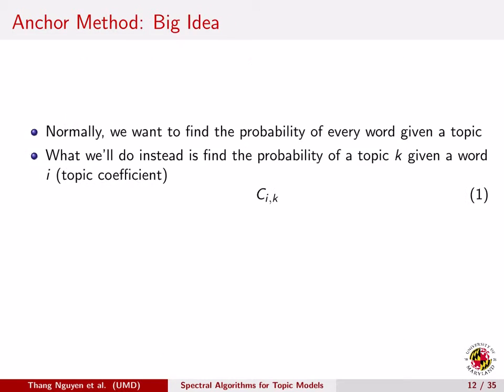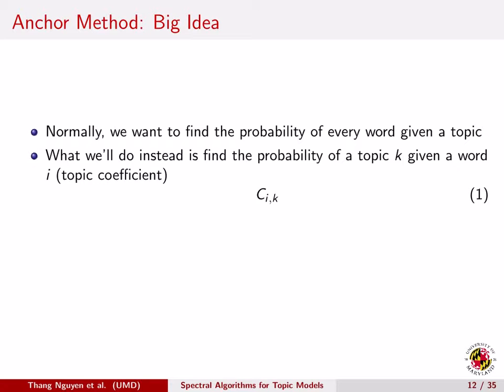And this is nice because once you have the anchor words, it's fairly easy to find out what the topics are. Now, in particular, what we're going to be doing is a little bit backwards from what typically happens in probabilistic topic models. So in probabilistic topic models, you usually find the probability of a word given a topic. We're going to be going in the other direction.